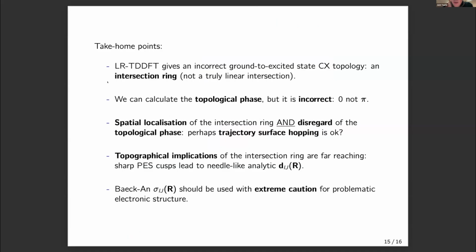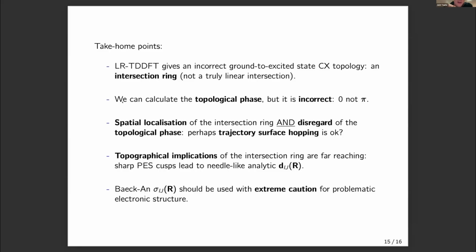We revisited the ground to excited state case. We see that we have the incorrect topology. We get an intersection ring. Unfortunately, that intersection ring doesn't pick up the correct topological phase. We could be naive perhaps in thinking, well, this intersection ring is localized in space, so perhaps it won't be of any problem in practical trajectory surface hopping.